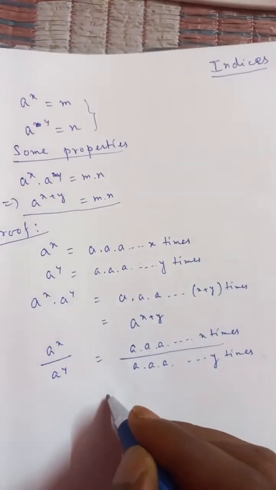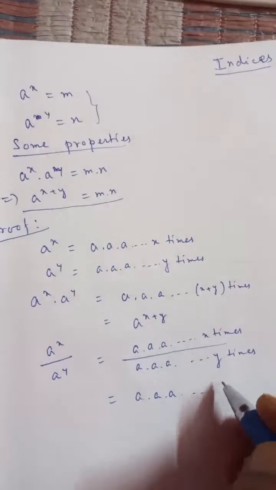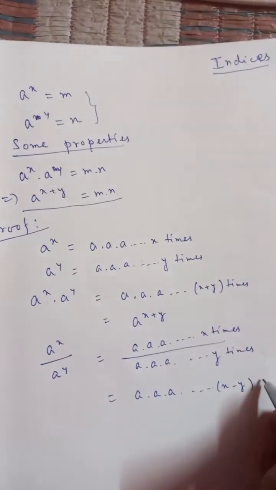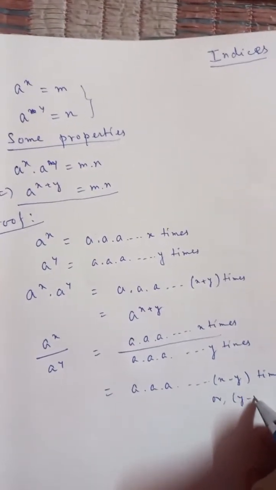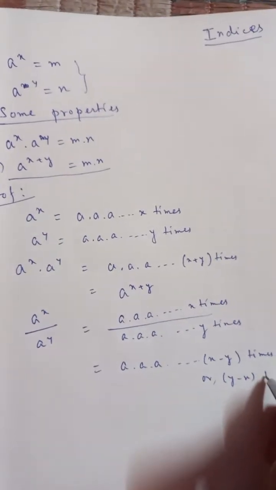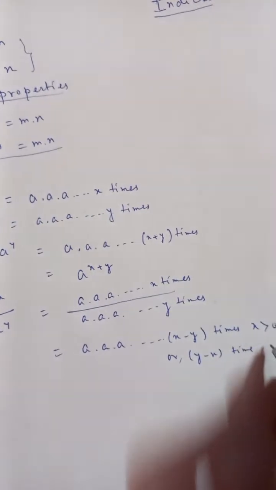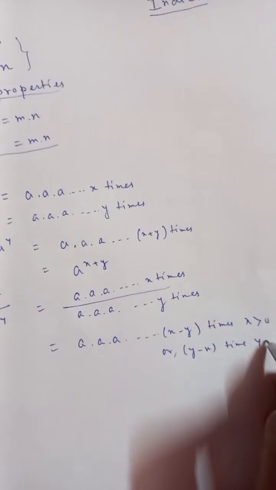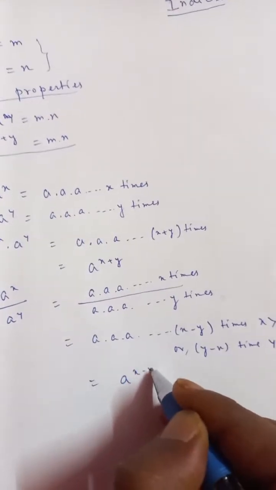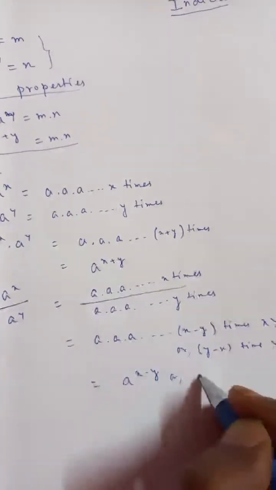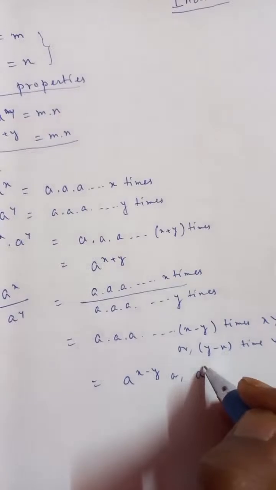So we have a multiplied a up to x minus y times, or y minus x times. If x is greater than y in the first case, in the second case y is greater than x, then we have a to the power x minus y or a to the power y minus x.